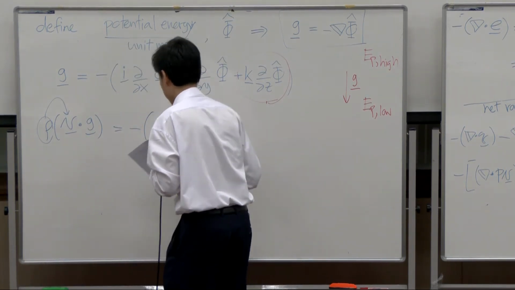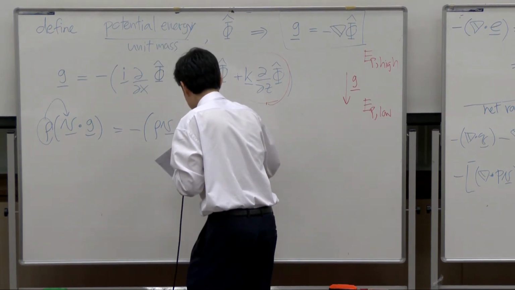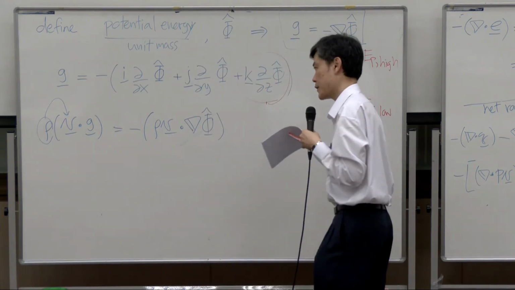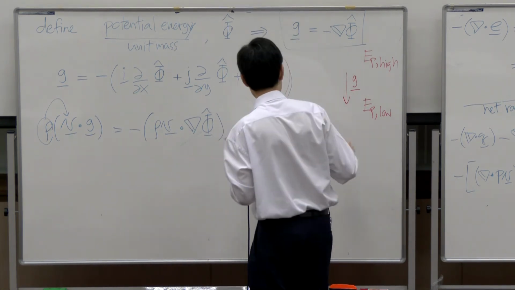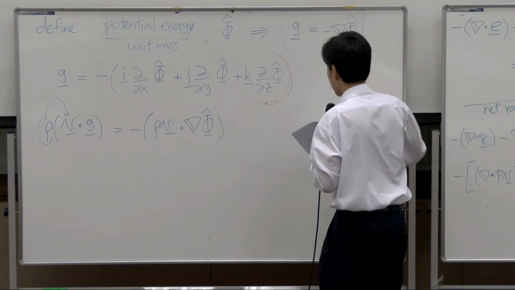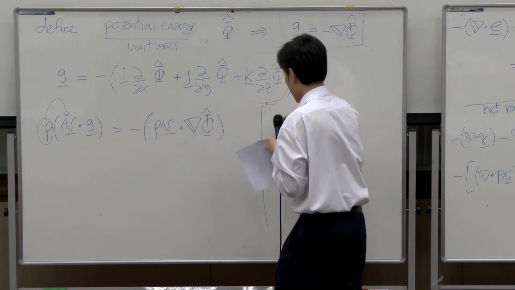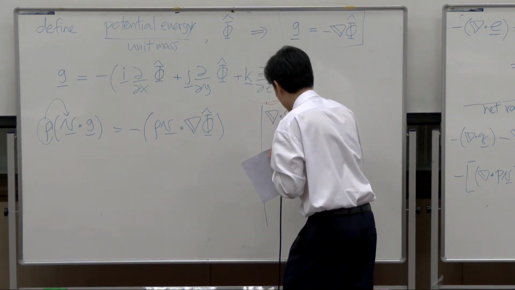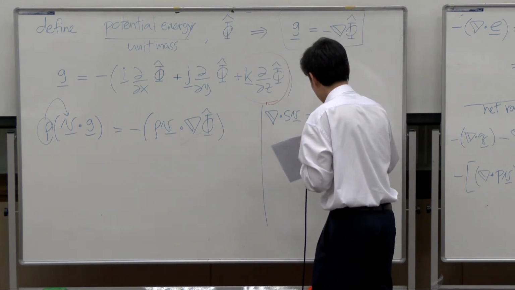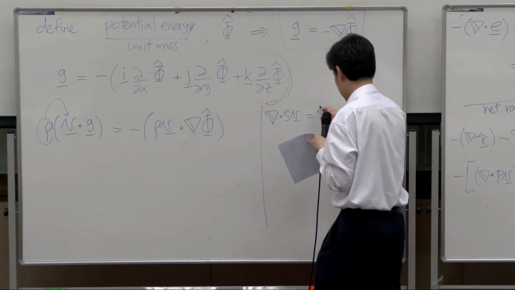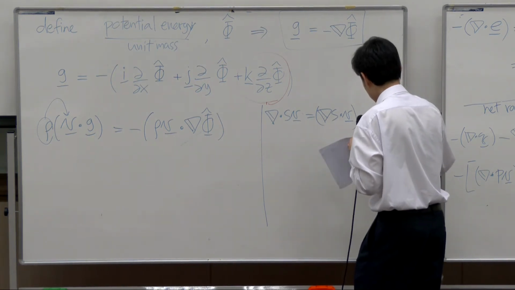I get rho v dotted with del phi. Okay? And this dot product, you can expand it. There's a property of dot products like this. If you have del dot of the scalar times vector, this is equal to del S dot V plus S del dot V.